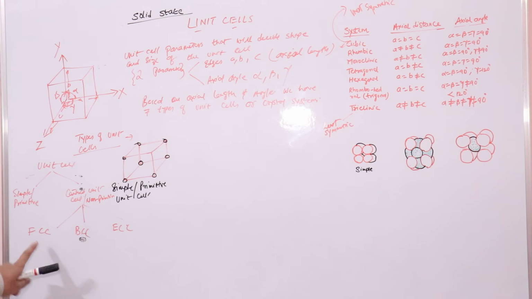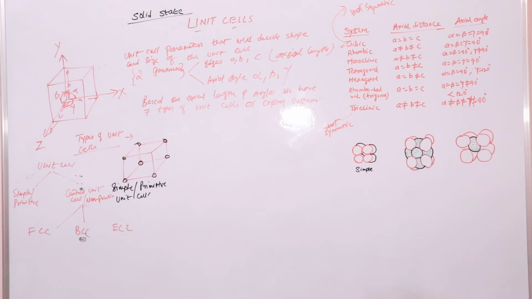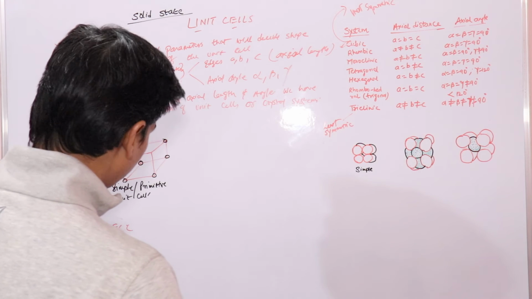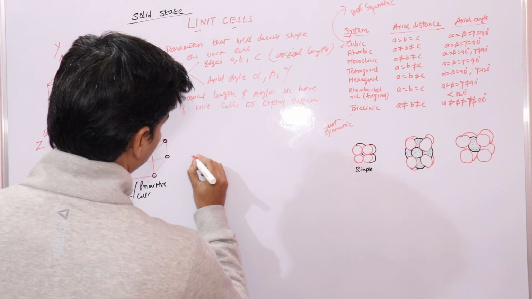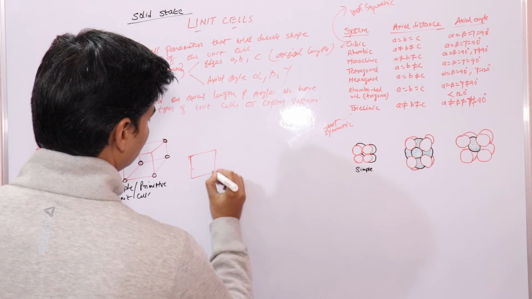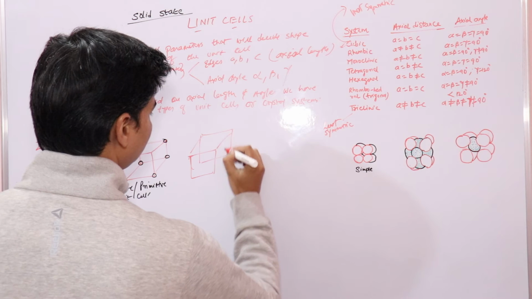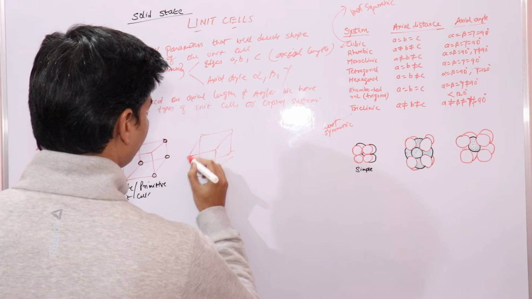Now what do we mean by face centered unit cell? In face centered unit cell, this is how it will look like. I'll just draw it. The face centered unit cell would be, it's again the same cube kind of thing, right?